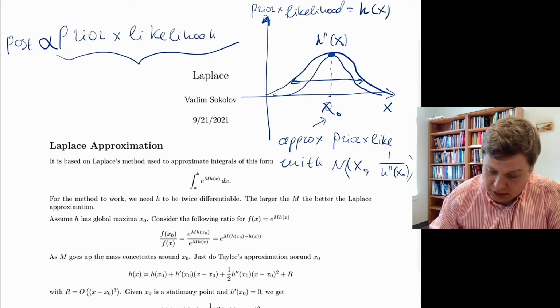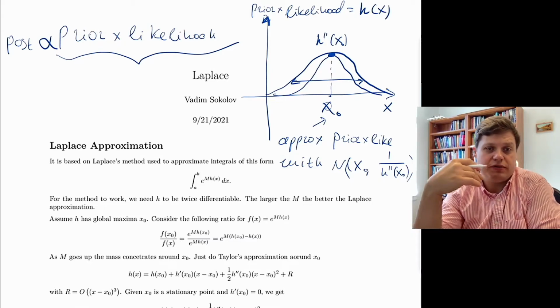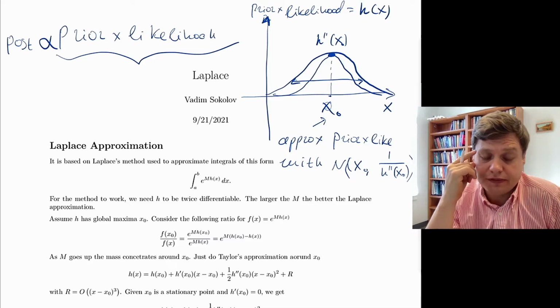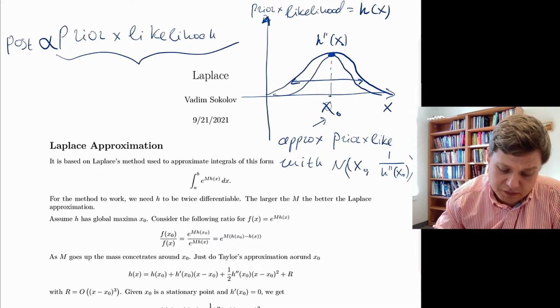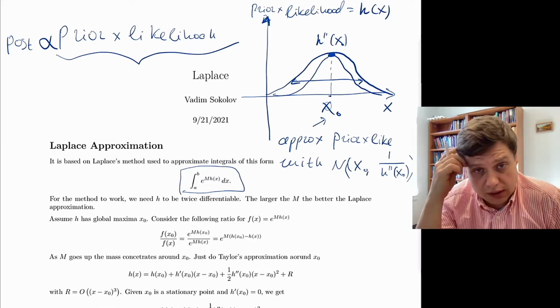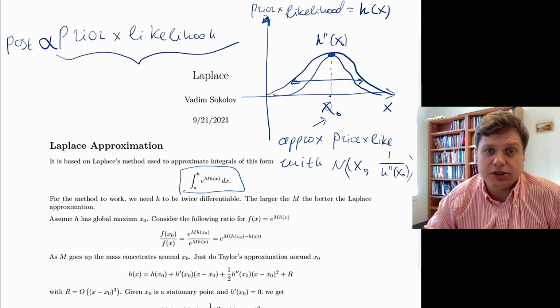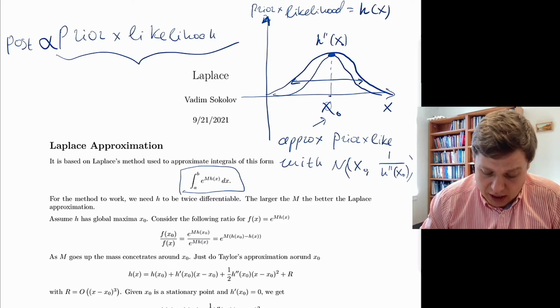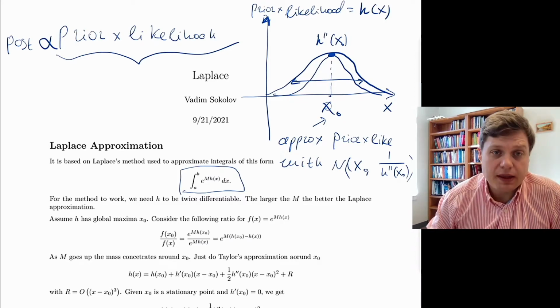Now the question is why it works, and we'll spend a few minutes on that. So let's consider the Laplace approximation. First, we want to calculate an integral of this form, integral over a and b, and the integrand is the exponential function of M times h(x).